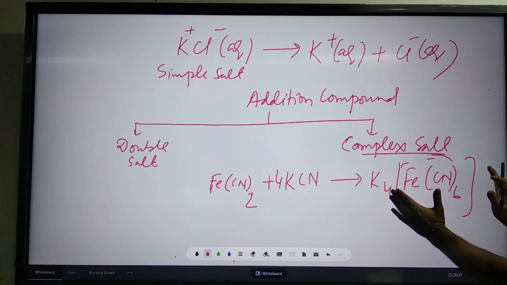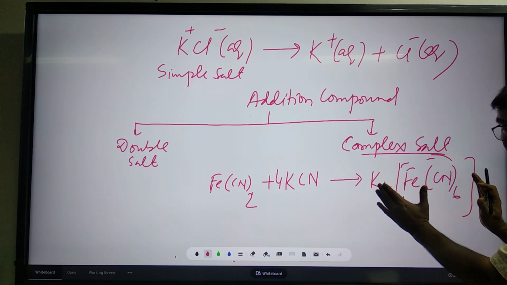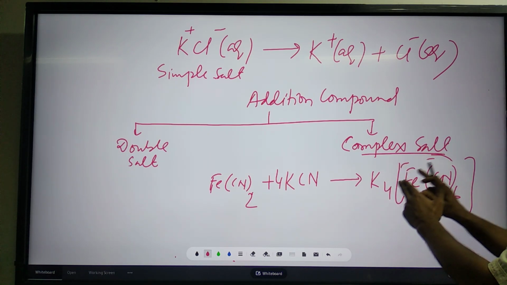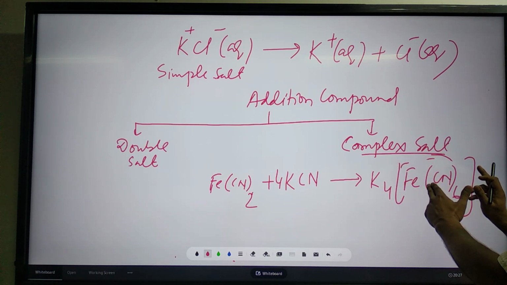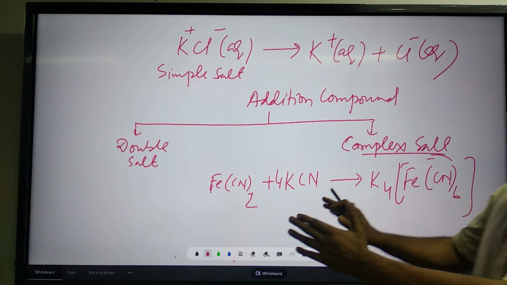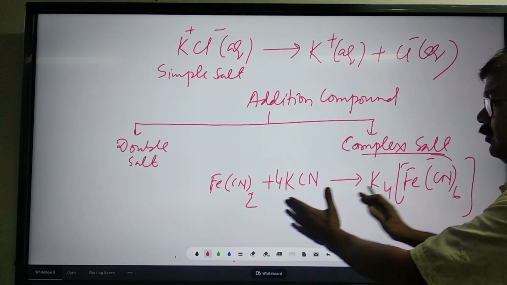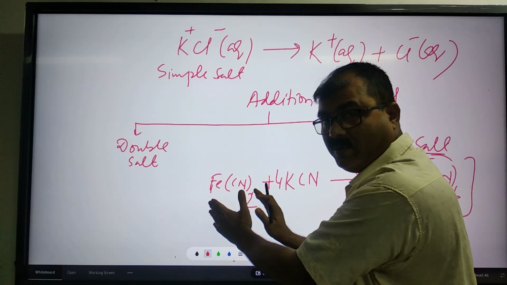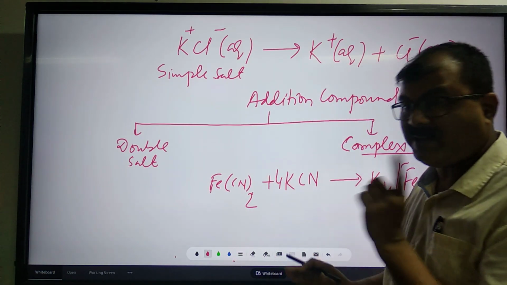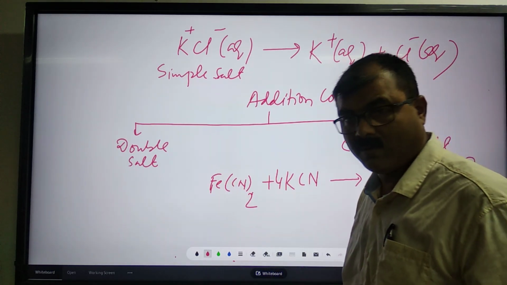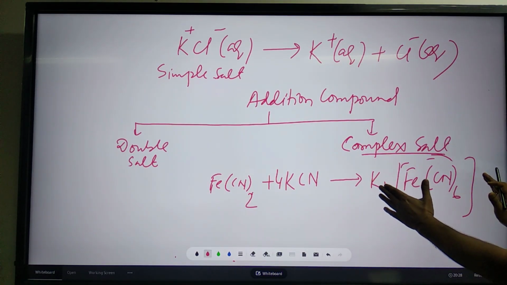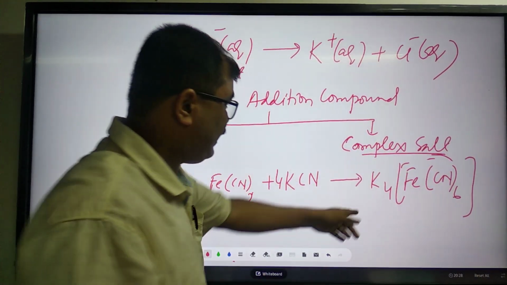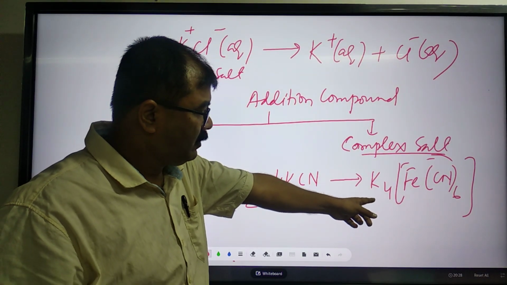We are getting one salt. Why you are telling this is a salt? Because one cation is there, one anionic species is there. Alright. Once again I am telling, when I will mix two stable salt in a stoichiometric ratio, one fixed stoichiometric will be there, it is 1:4, then we are getting a salt. So what is the cationic species and anionic species here?